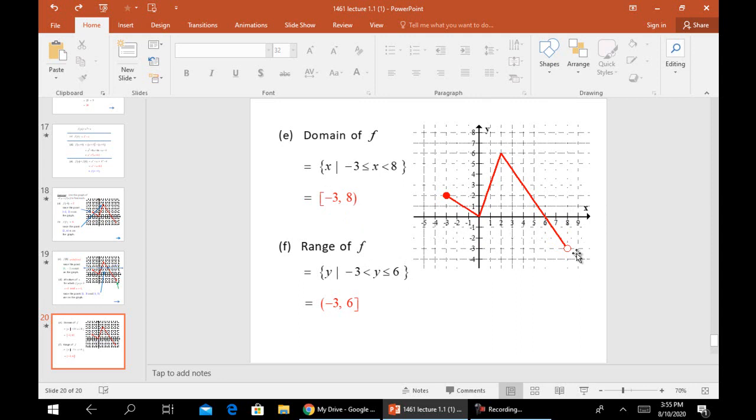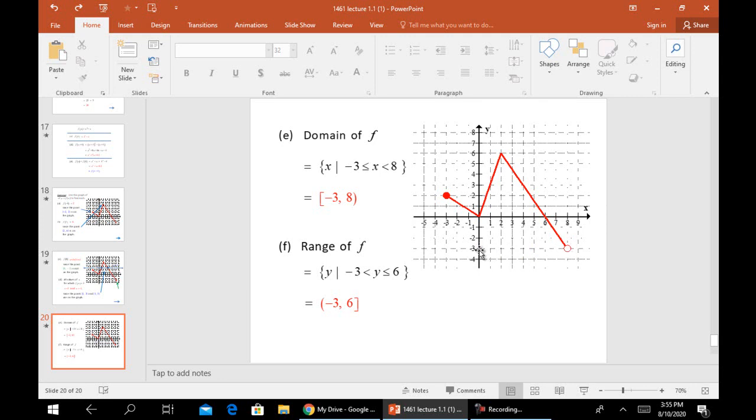And what's the range? Well, for the range, we look at the y values. So notice that the y value goes from -3 here, but -3 is not included because 8 is not included.